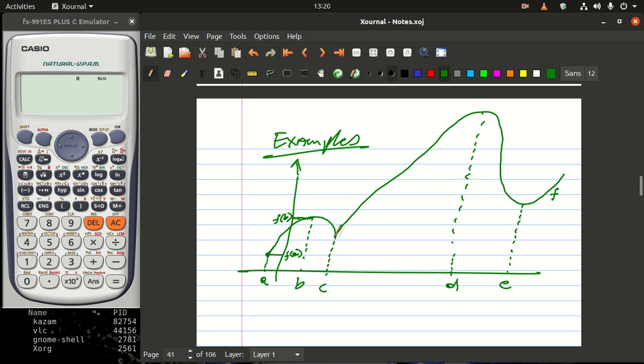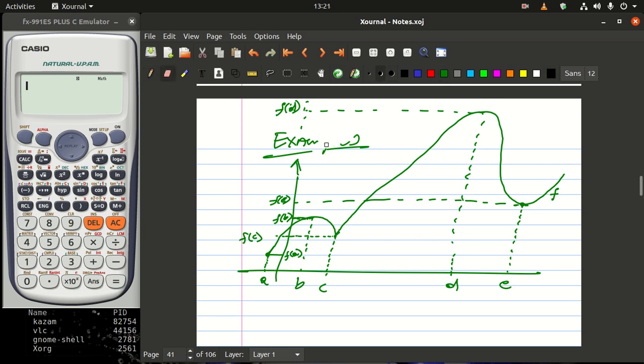This point here is going to be f of C. Of course, this point here ends up being f of E. And that point there, where it intersects this function, is going to be f of D. So I want us to take note of this.